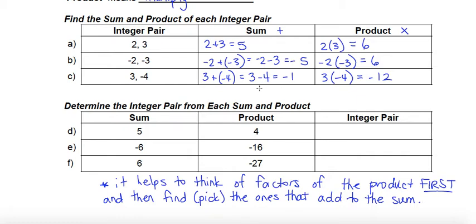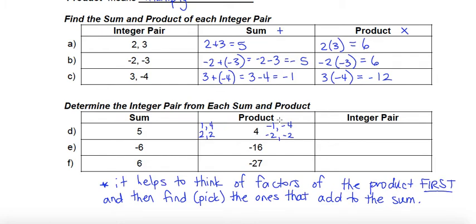So let's start by thinking about the products of the value 4. So what numbers will multiply to give you 4? Well, 1 times 4 gives you 4, and 2 times 2 gives you 4. But we can also have the negative values. So we can have -1 times -4, because 2 negatives will also give you a positive value. Or we could have -2 times -2, which gives me 4.